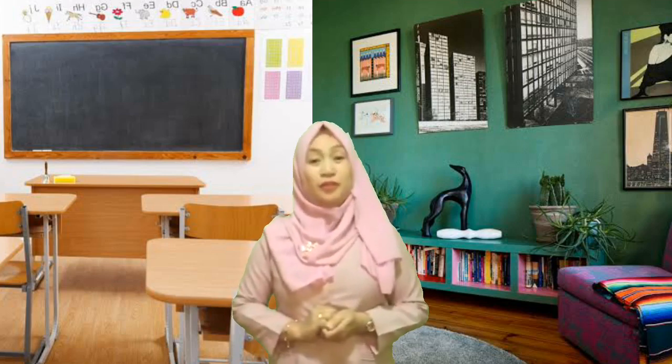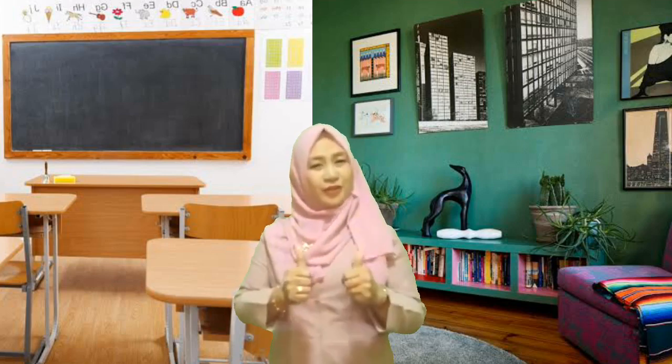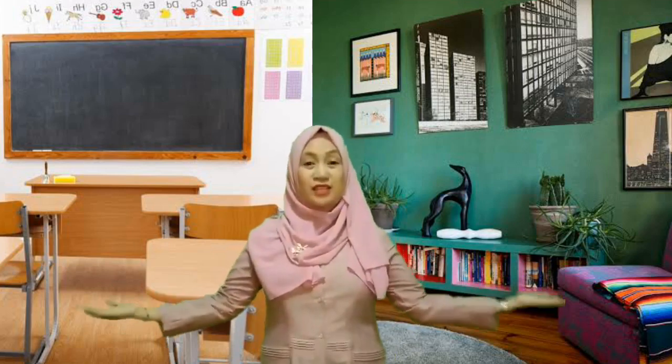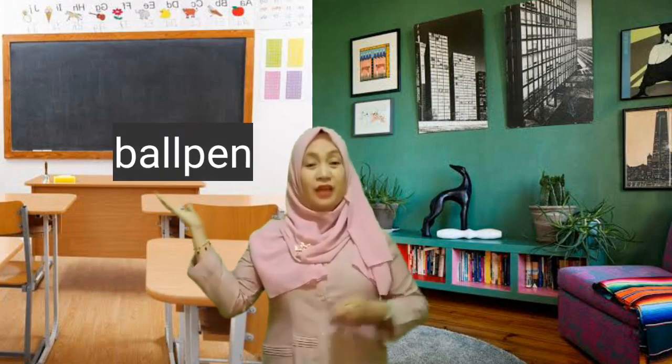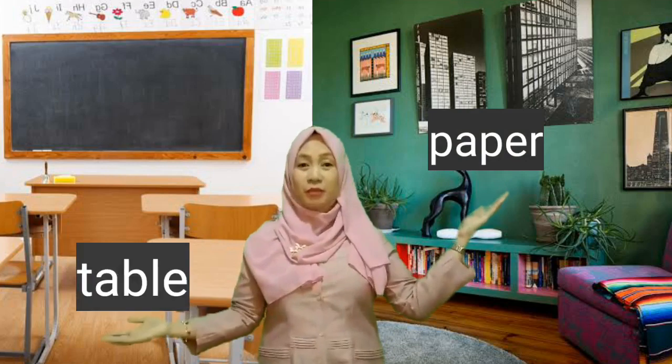Have you listed more than 5? Very good! Alhamdulillah! Looking at our surroundings, we can say that we are surrounded with different kinds of materials. Some of you may have written these materials like your pen, your paper, your table, or chair.